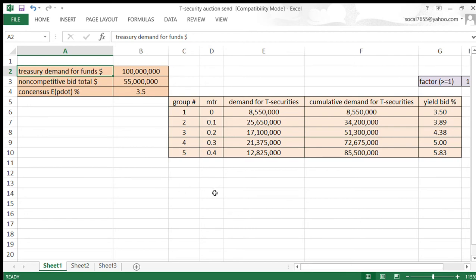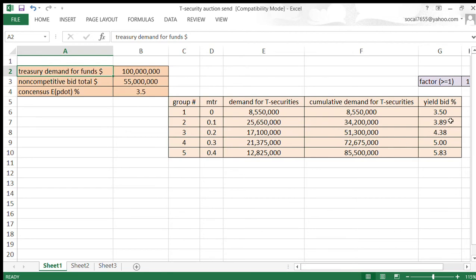Maybe it's a 1-year Treasury, maybe it's a 5-year Treasury note or a 1-year T-bill, doesn't matter. The second group is assumed to have a marginal tax rate of 10%, and they're interested in 25,650,000. So now we note that the cumulative demand at this point is 34.2 million.